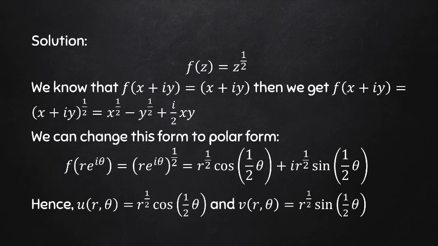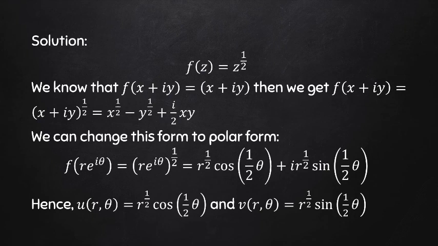Then we can change this form to polar form. Then we get f(r e to the power i theta) equals (r e to the power i theta) to the power of a half, equals r to the power of a half cos of a half theta plus i r to the power of a half sin of a half theta.